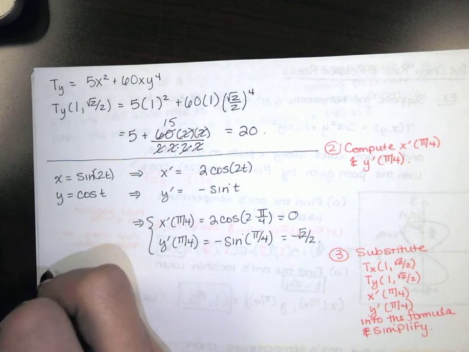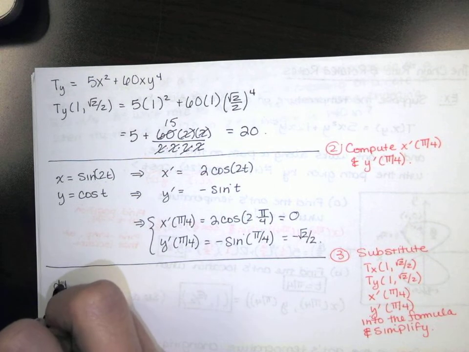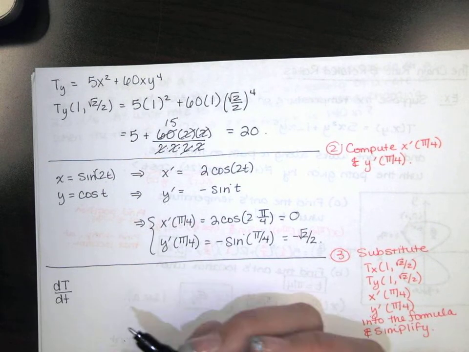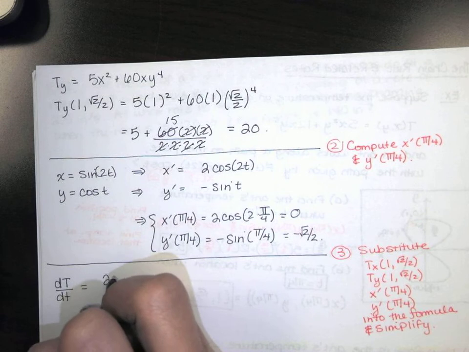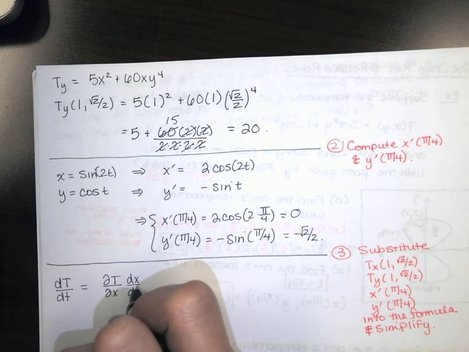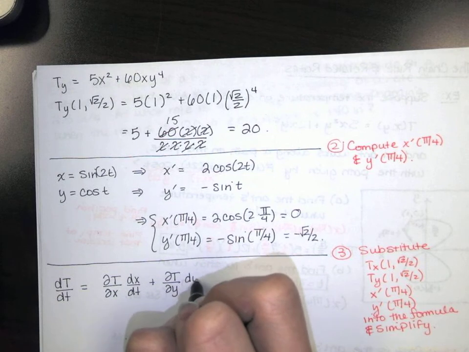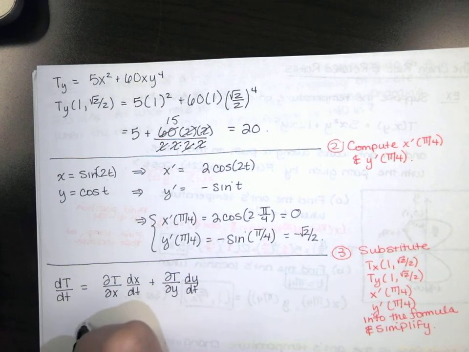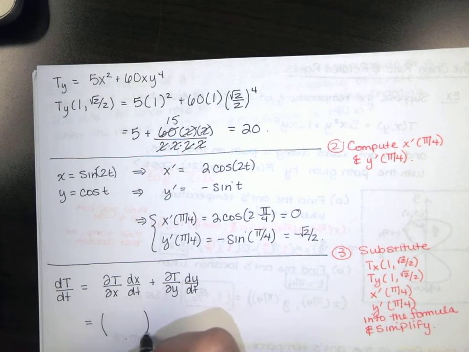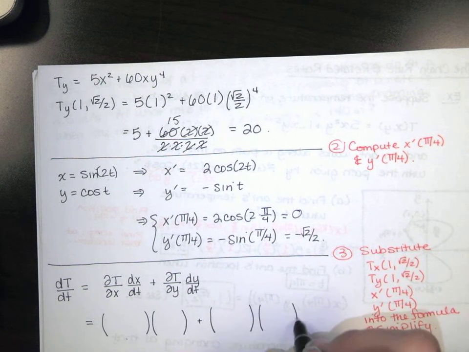So we've got this. dT/dt is the partial of T with respect to x times dx/dt plus the partial of T with respect to y times dy/dt. I don't remember what the partial of T with respect to x was, but we can look it up.